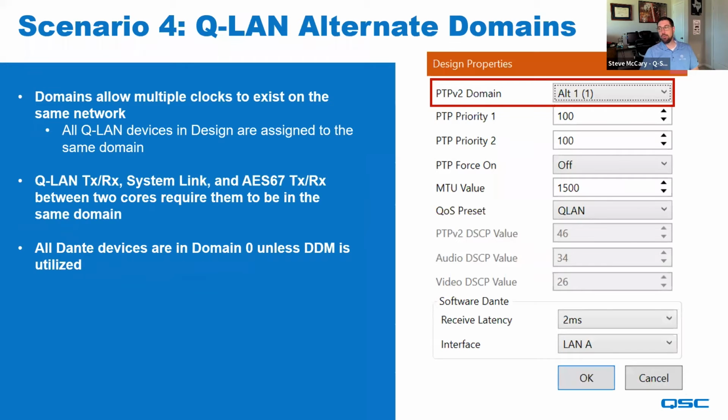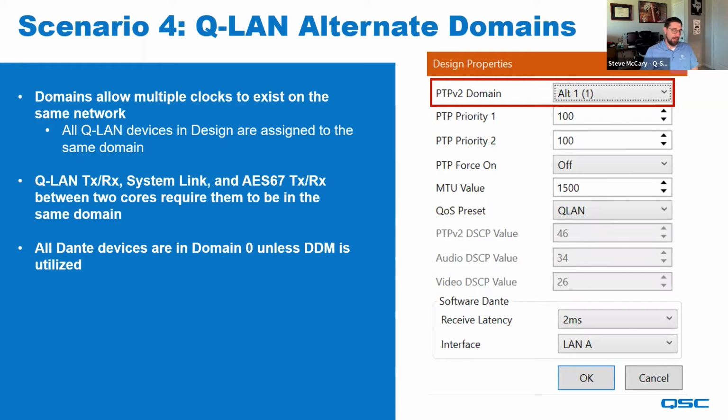So what we're going to do is set up a PTP v2 domain. This lets us say, okay, all Q-LAN devices in this design are assigned to this domain. And all of the cores have this as a possibility.